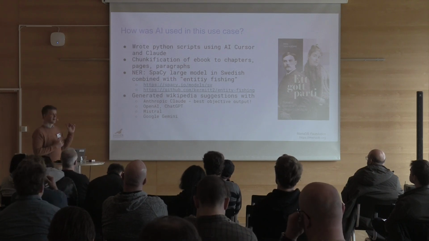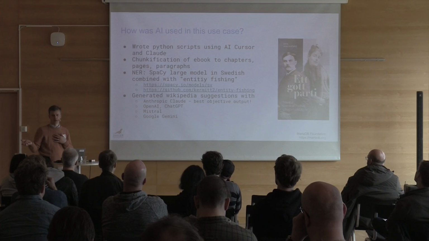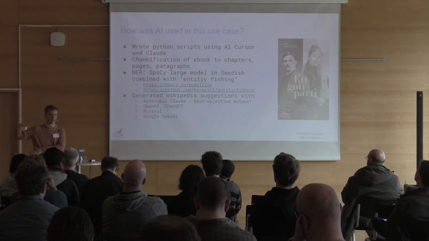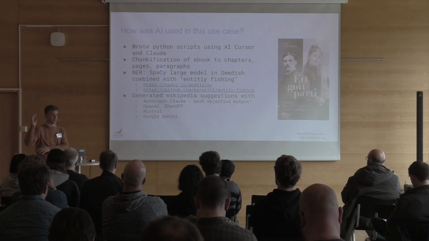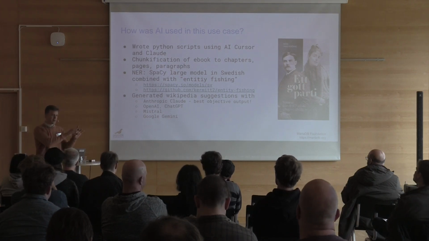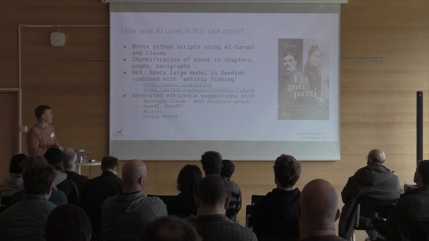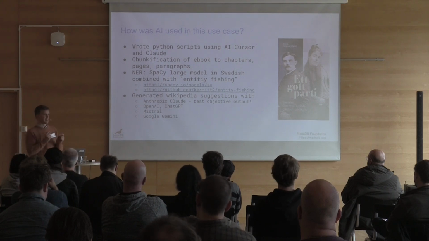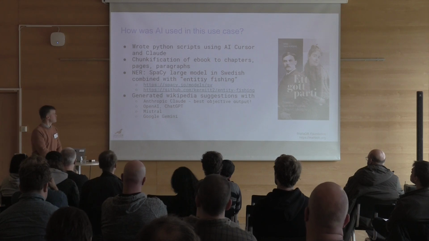Context windows were mentioned in the previous talk, and even though you have Gemini with a 1 million token context window, still you need to focus the AI, like use exactly this. This is what we're after now. And so you have to figure out, are you doing chapters or pages or paragraphs or even sentences? On what level would it make sense to do this?